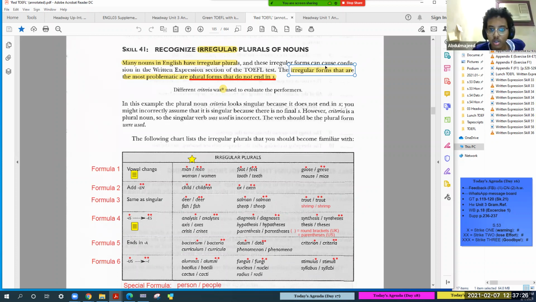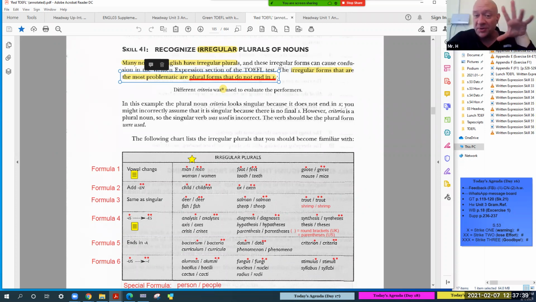Abdul Majid, you read. Irregular forms that are the most problematic are plural forms that do not end in S. So in the TOEFL exam, they like to use irregular, special cases.